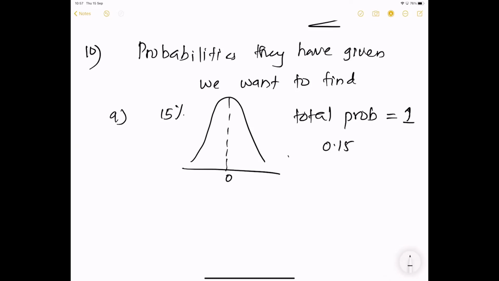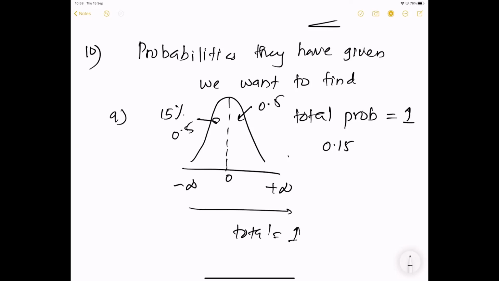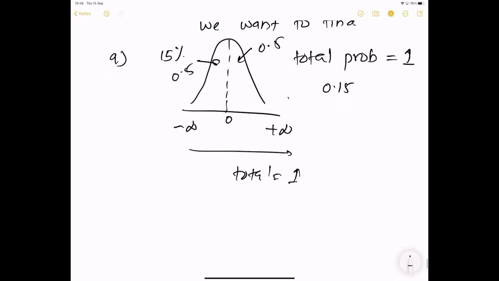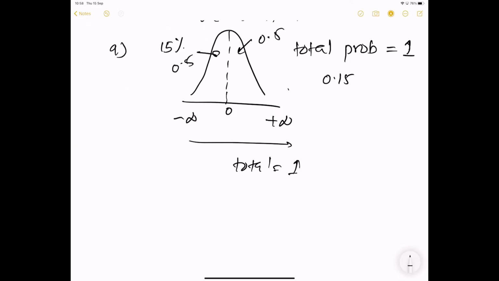You can see here from negative infinity to positive infinity, from this side to this side, the total probability is equal to 1. So this part is 0.5, this part is also 0.5. If we are referring to 0.15, that one should be somewhere here. This probability is 0.15.